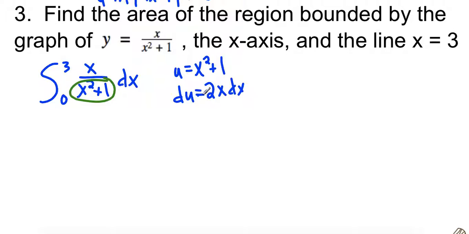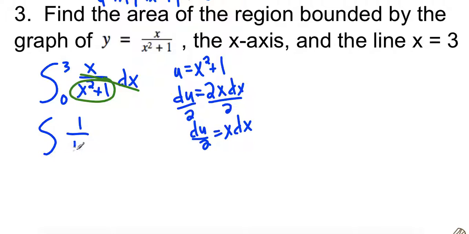I don't have a 2x dx in the problem, I have an x dx. So I'm just going to divide both sides by 2. So I get du over 2 equals x dx. So that means I can replace x dx with the du over 2. So this becomes 1 over u times du over 2.